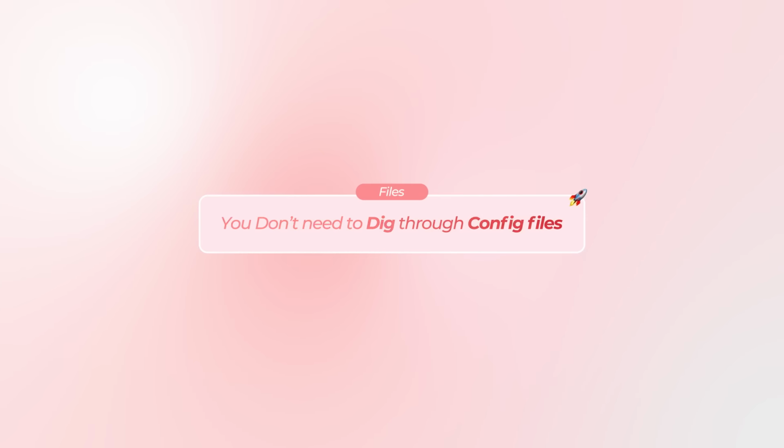ClawdBot can remember past conversations and your preferences over time, so the more that you use it, the better it starts to understand how you work and what you usually need help with. On top of that, there's a web dashboard that gives you a full view of your chat history, the bot status, and all of your settings. So you don't need to dig through config files unless you actually want to. Everything important is visible in one place.